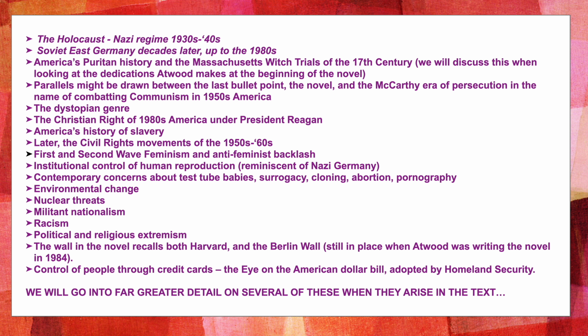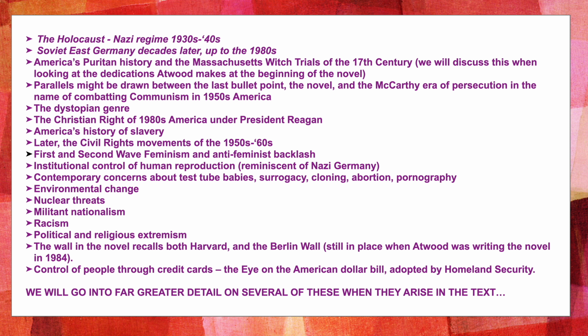And she, as she feels anyway, was looking at what logical conclusion might come from the Christian right of President Reagan in the 1980s. She was writing in the mid-80s. She actually completed the novel whilst on a sabbatical in Berlin in 1984, at a time when Soviet East Germany and the Berlin Wall still existed.